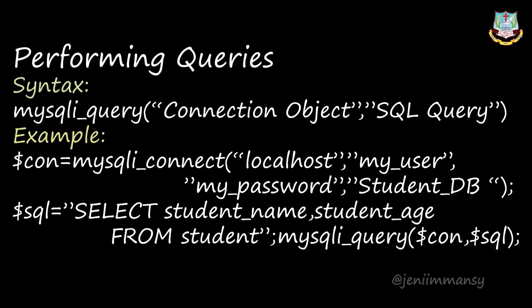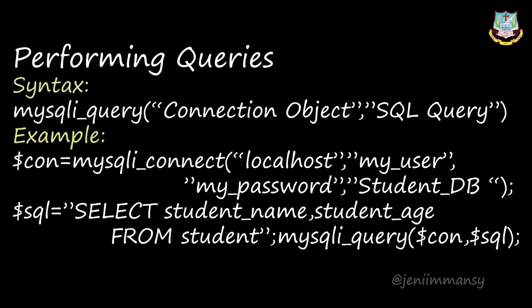Let's see the syntax for mysqli_query. In the brackets, you have to write the connection object, separated by a comma, and next the SQL query inside double quotes. See an example so you'll get an idea. $con is equal to mysqli_connect.